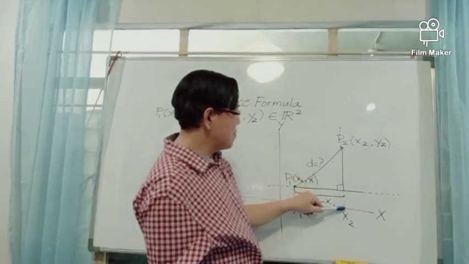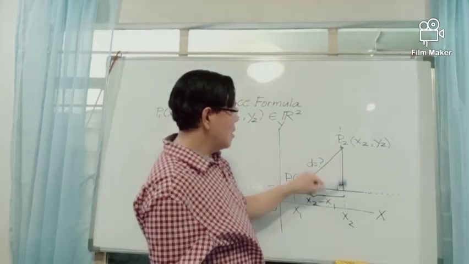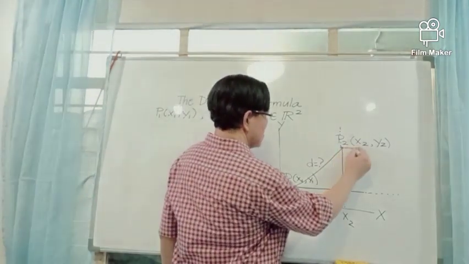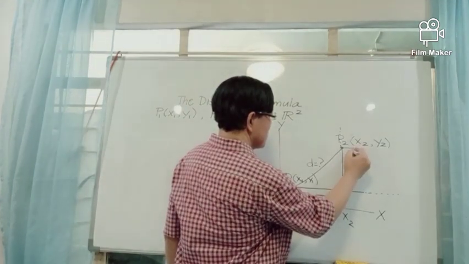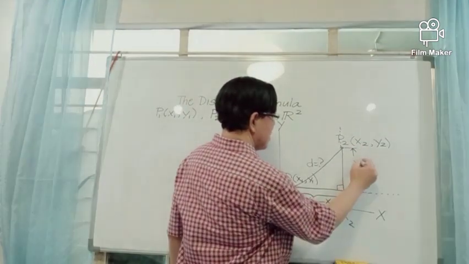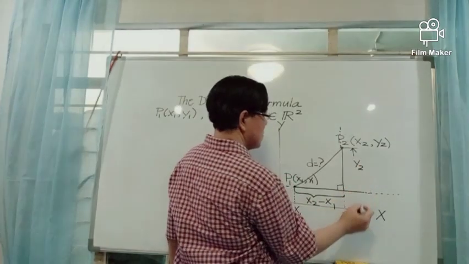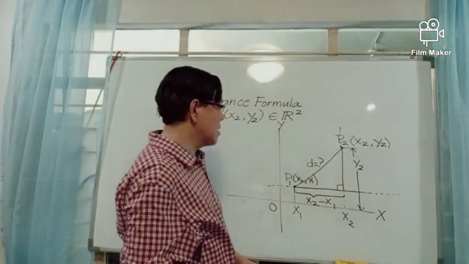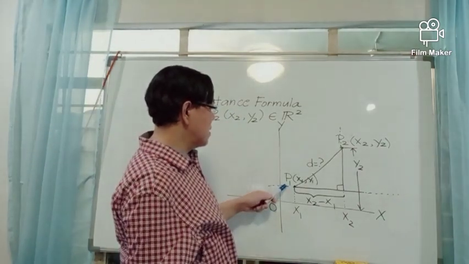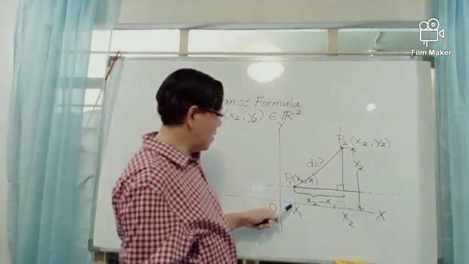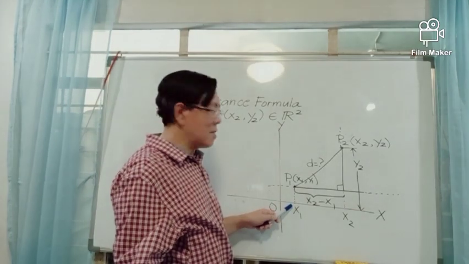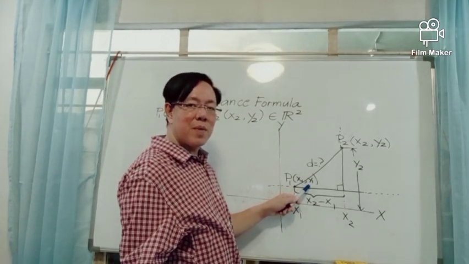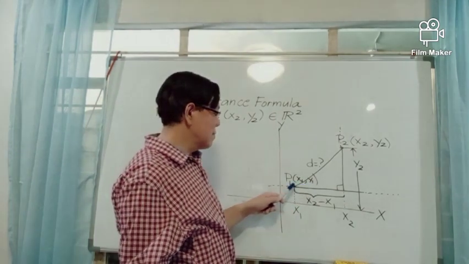So from the horizontal axis to P2, this length is equal to y2. And the distance of P1 from the horizontal axis, or x-axis, is given by the ordinate of P1, y1.